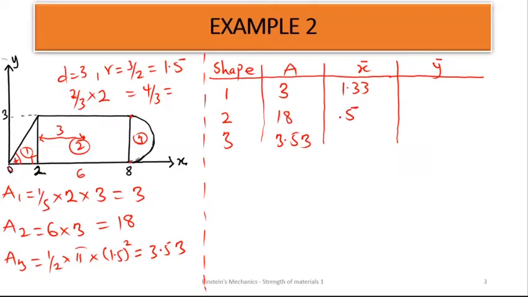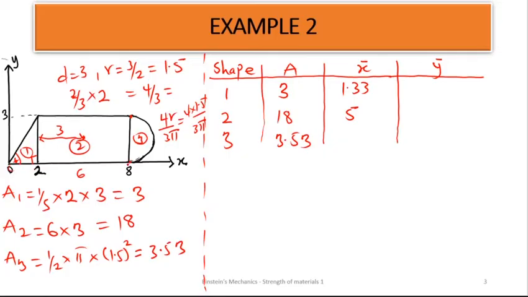Now shape 3 is the same as what we did, a semicircle, and if we were to move from the base to the center, that will be 4r/3 pi. Here our r is giving us what? Half of the diameter, and is 1.5. So 4 by 1.5 on 3 pi. But before you get here, you have to move a distance all the way from 0 to 8.